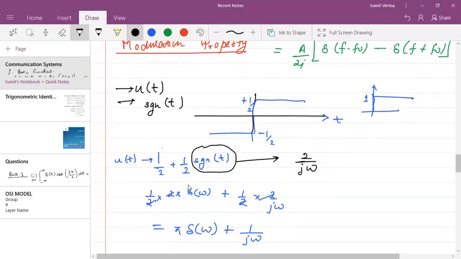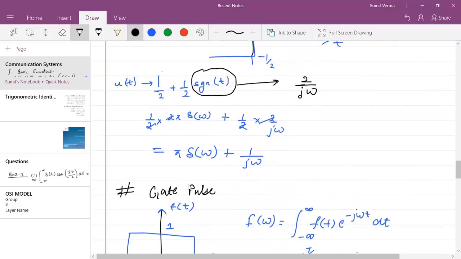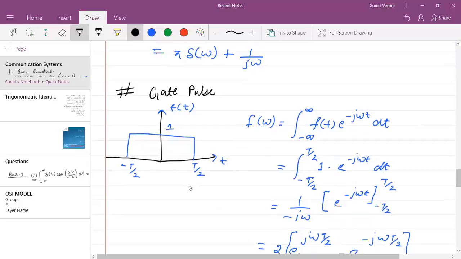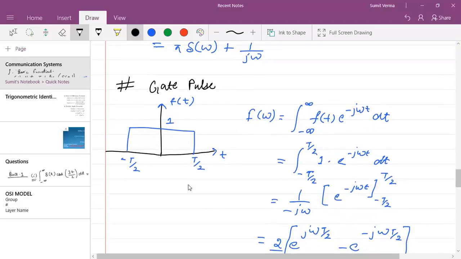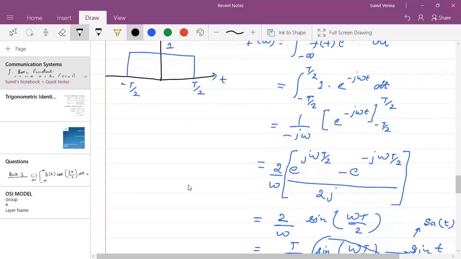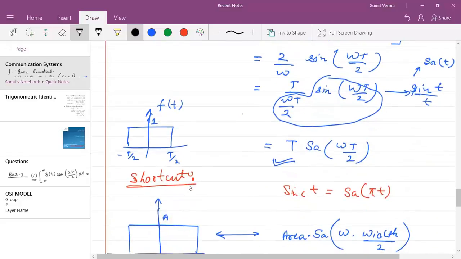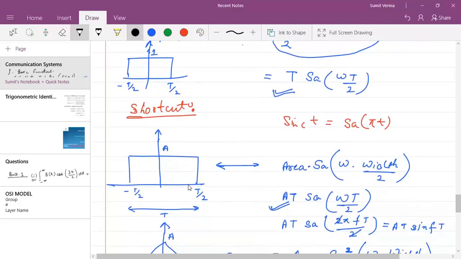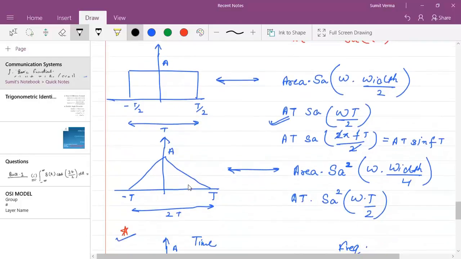Then we found the Fourier transform of the unit step function, and then we saw how we define a gate pulse. I gave you the gate pulse definition and also derived its Fourier transform, which we now know we can find directly through a shortcut, for the gate pulse and triangular pulse. So we don't have to waste time on this.